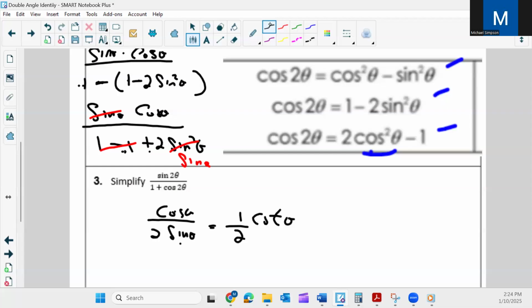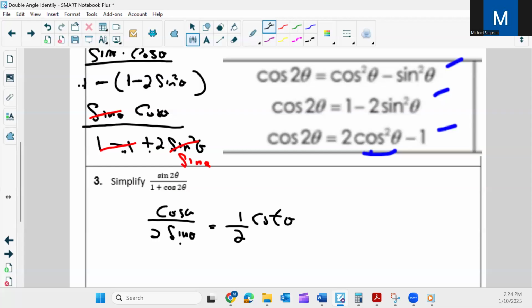Got it? In the bottom, right there, you get rid of that 1.